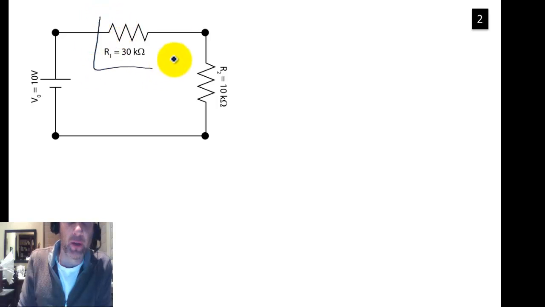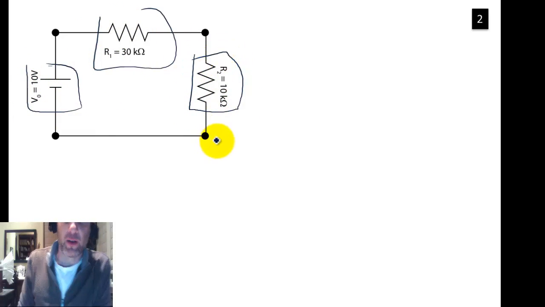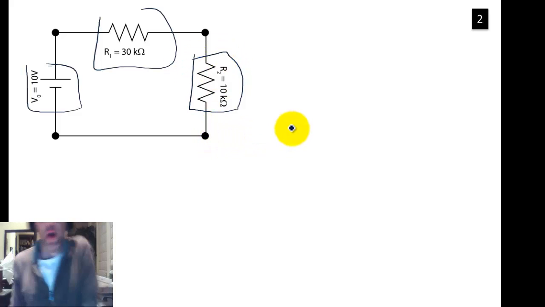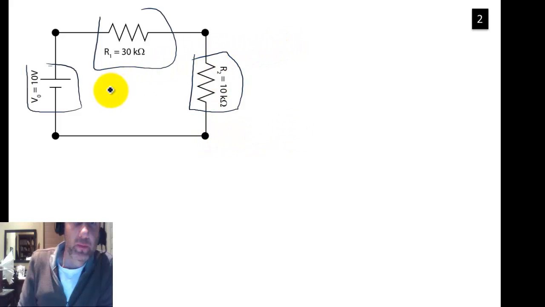Here we've got the same resistor, same voltage source, but we've added a second resistor in line. So let's say that we've got a voltage drop here of V1, voltage drop here of V2. Say we have a current going through this resistor of I1, current going through here of I2.